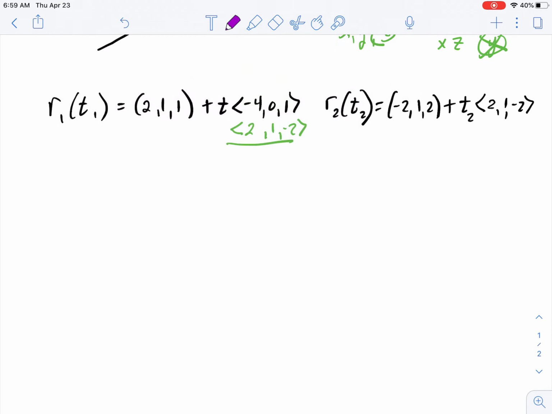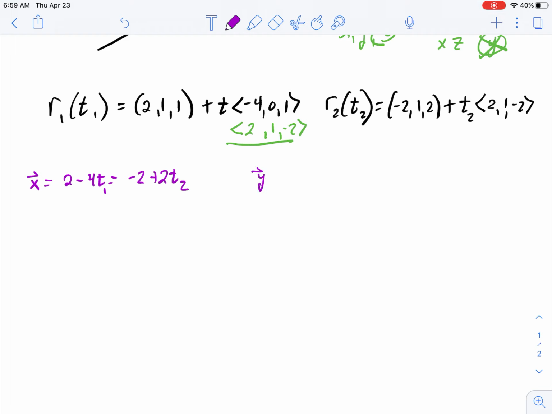So let's go ahead and let's start off with our x component. So we have 2 minus 4t, and that's t1, and then we have negative 2 plus 2t2.